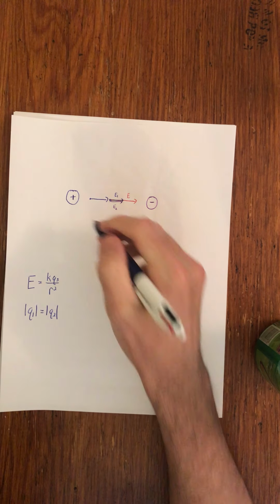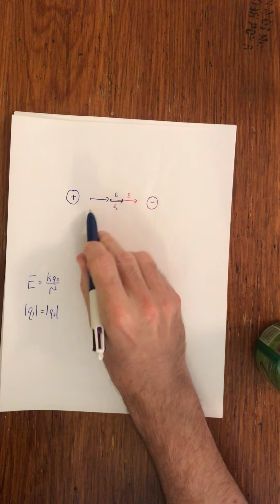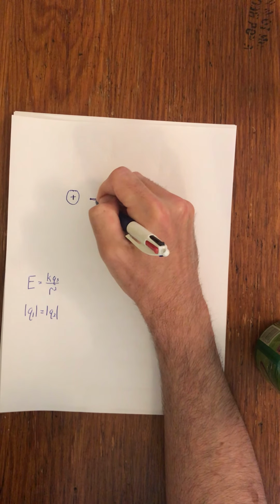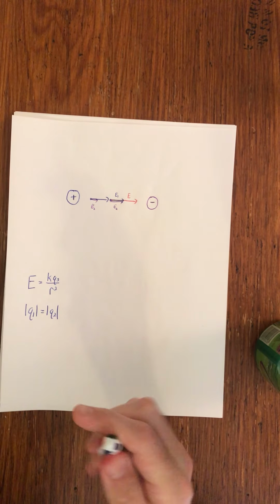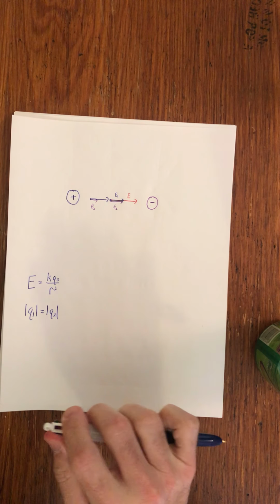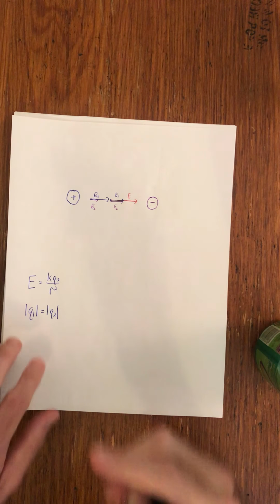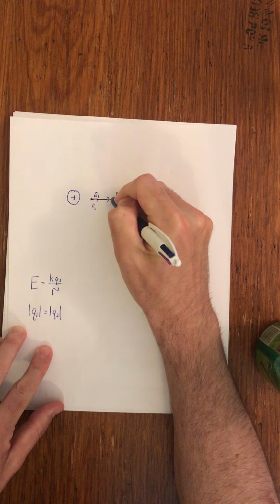But due to the purple charge, it's still going to be to the right because radially inward, but it's going to be a shorter E2 vector because it is further from that. And then the net would be in this direction as well.